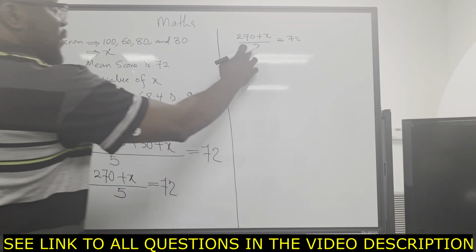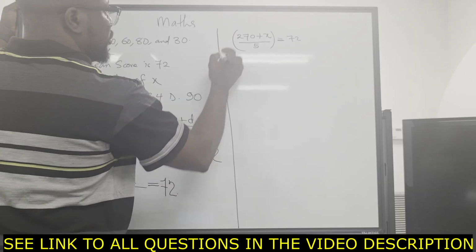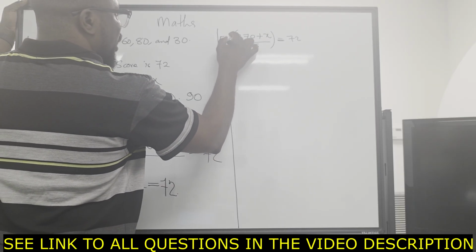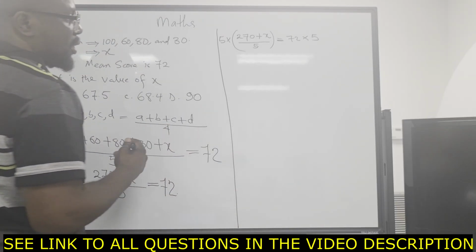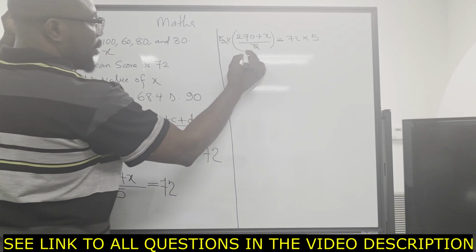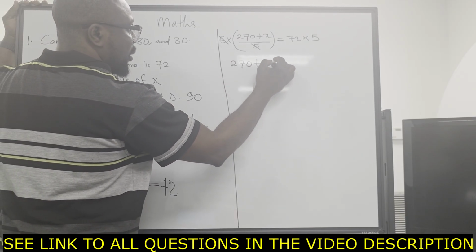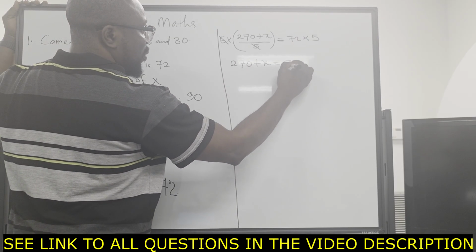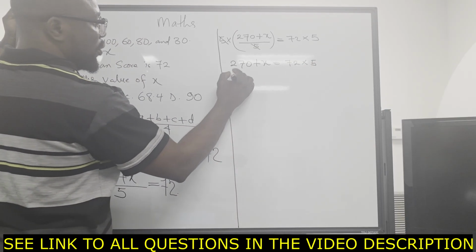So to remove this 5, put a bracket right here, say 5 times this, and then do the same thing for the other side, right? So if you do the same thing for the other side, this 5 is going to cancel this 5 out. So you have 1. Then you're going to have 270 plus X, and now you have 72 times 5, right?